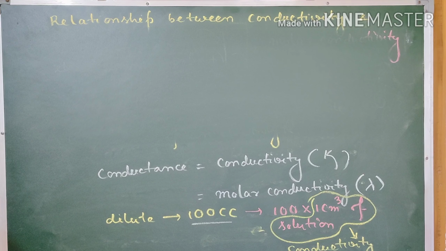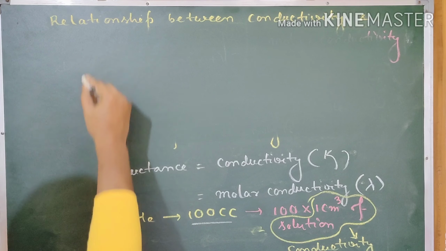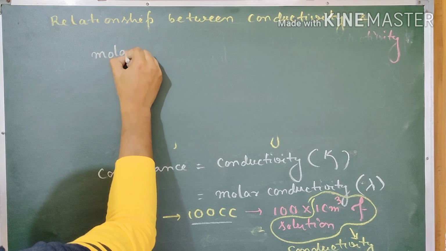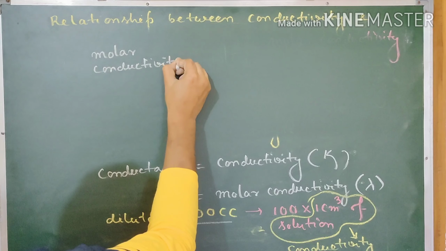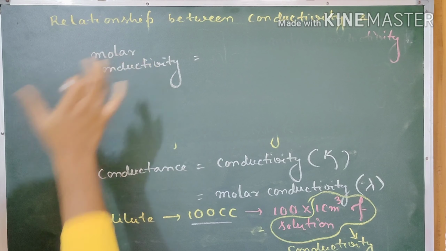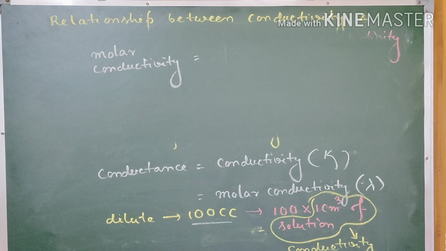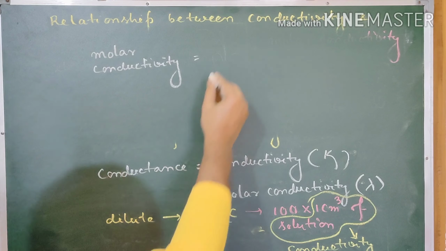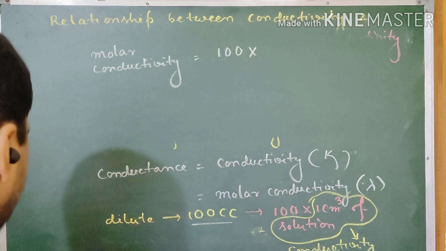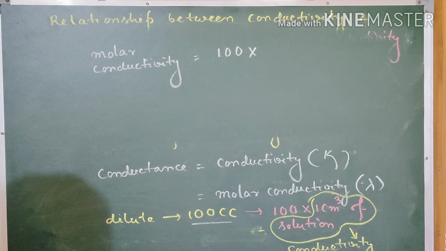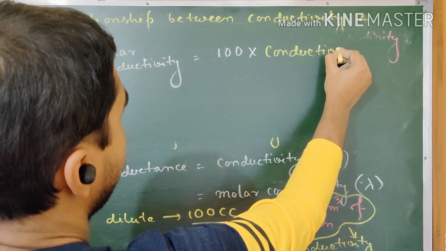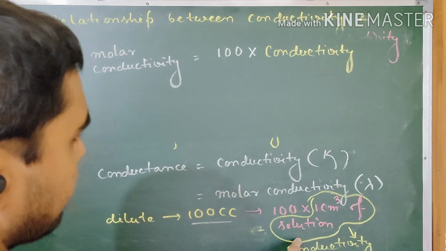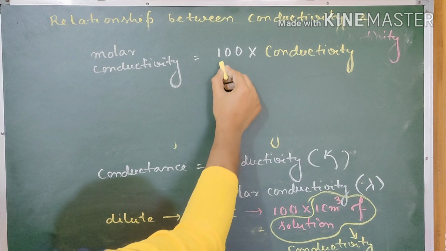So we should say that the molar conductivity, because the total solution contains 1 gram mole and we are measuring the conductance of that only, should be equal to 100 into conductivity. What is that 100?